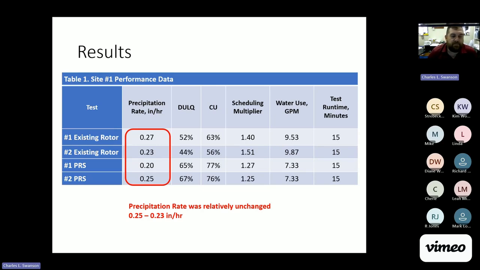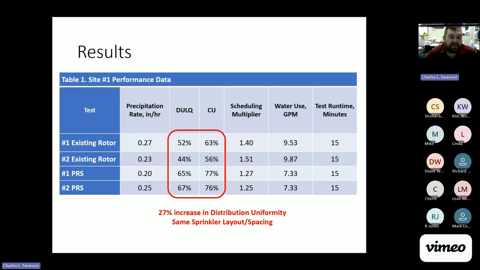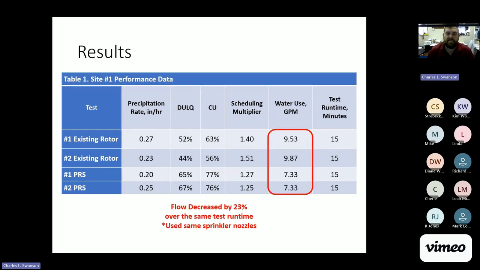So the precip rate was relatively unchanged, but we did observe a 27% increase in the uniformity of application. Even though we're still measuring the same amount of water being applied, we're applying it much more uniformly over that area. On top of that, because now we're regulating it, we're actually reducing our water usage.